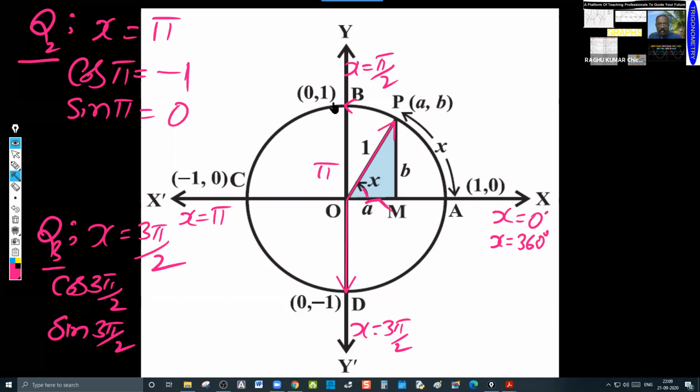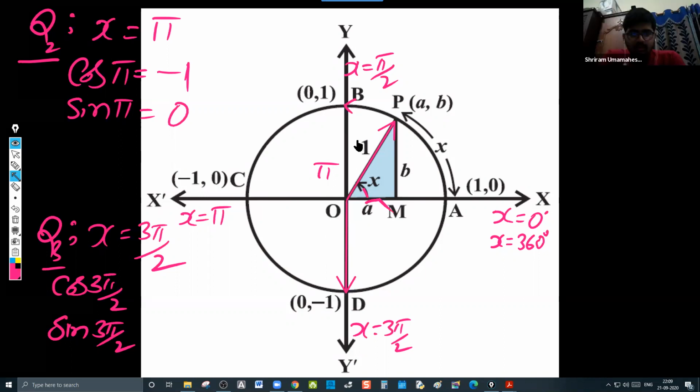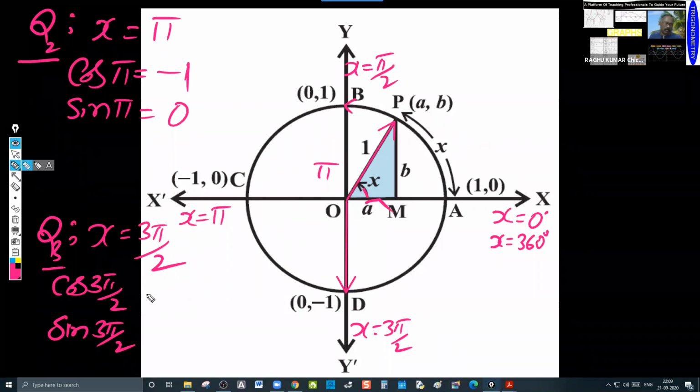The horizontal movement to OB is 0. The horizontal movement to OC is -1. What is the horizontal movement to OD? Is there any horizontal movement? No horizontal movement. This is vertical, so 0. So what is cos 3 pi by 2 then? 0. Correct or not? Yes, correct.